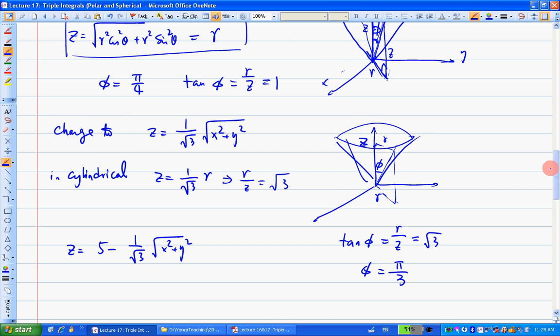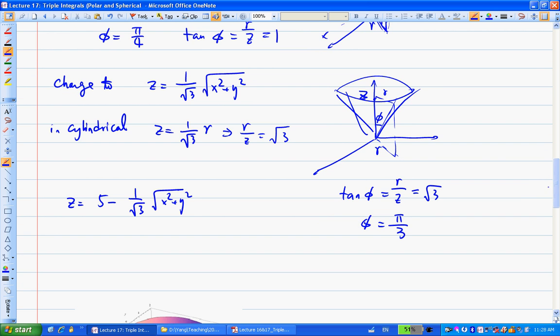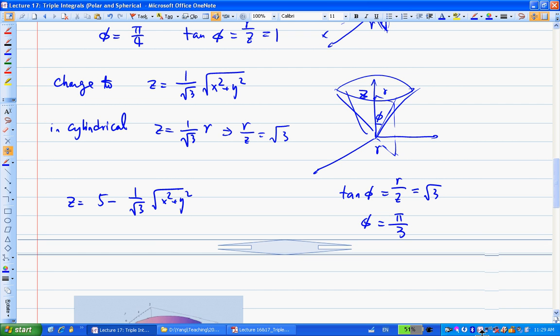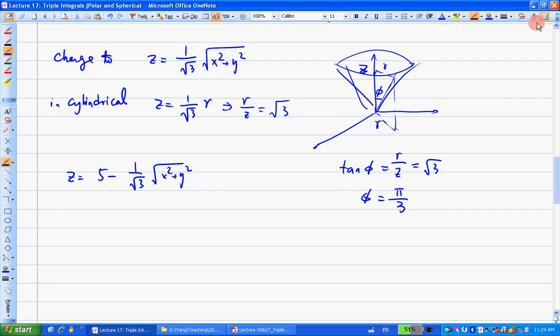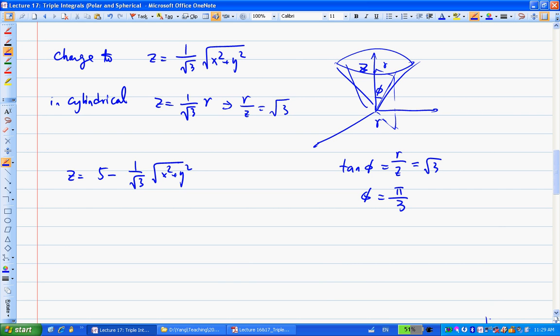Okay? So what we're trying to let you know is you need to be able to visualize the function. If the question gives you a function here, being able to sketch, okay, most of the simple ones here.